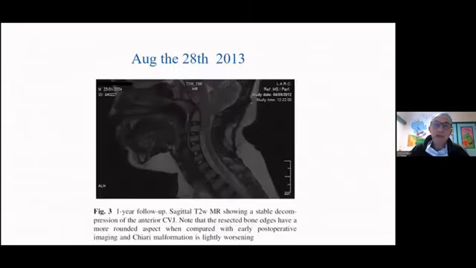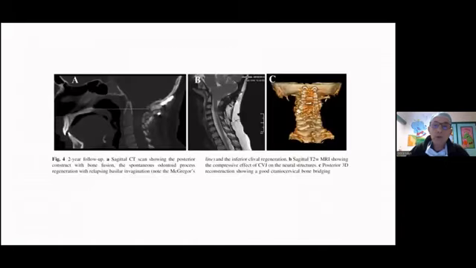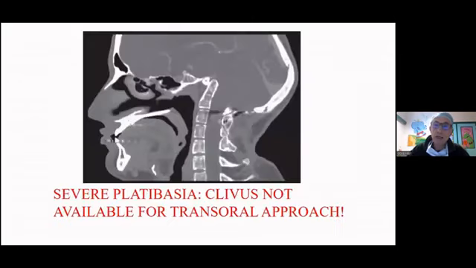But a few months later, the patient showed a regrowth of both the odontoid and the clivus, producing again Chiari 1 compression, and the patient was operated a second time from a posterior approach.